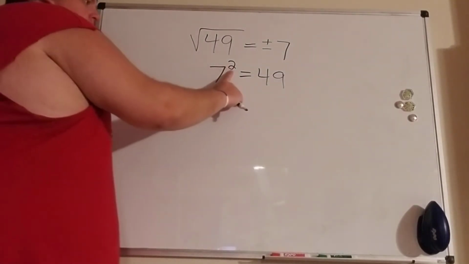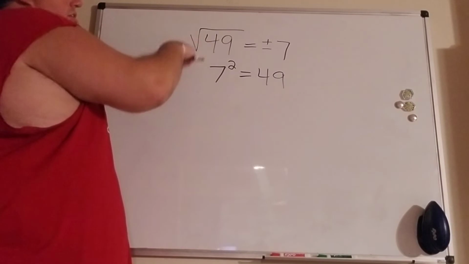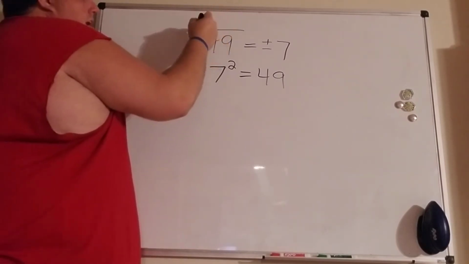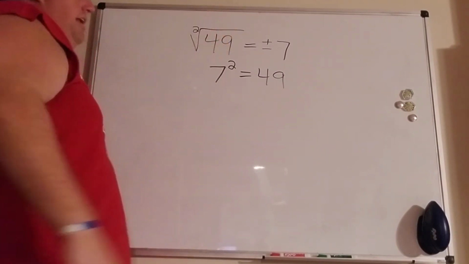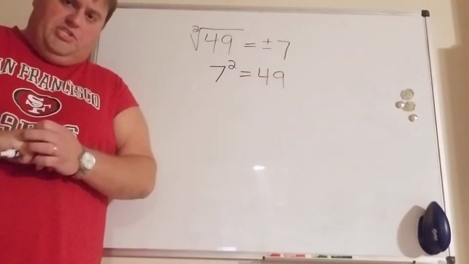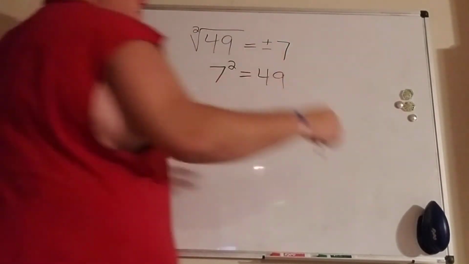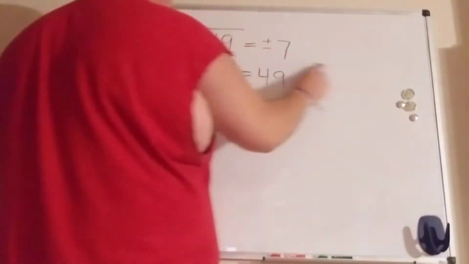This exponent, to the second power, is called squared. This is called a square root. There's really a 2 on the outside over here that's assumed to be there. So all square roots, they don't actually type in that 2. You're just supposed to know that it's there.